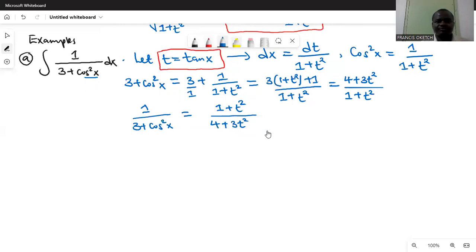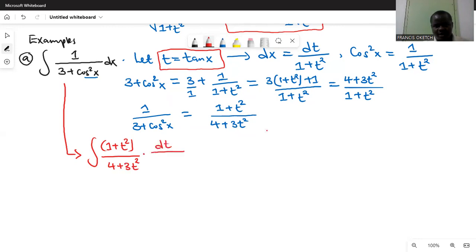So therefore, the whole of that integral will now become the integral of 1 plus t squared, let me use a bracket here, over 4 plus 3t squared. And instead of dx, I'm going to write dt over 1 plus t squared.